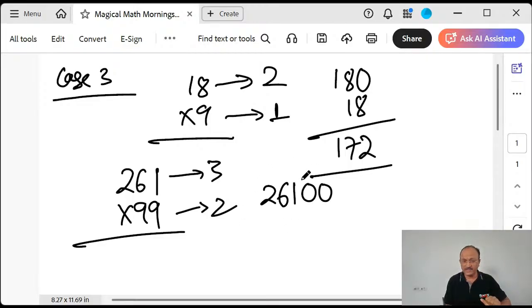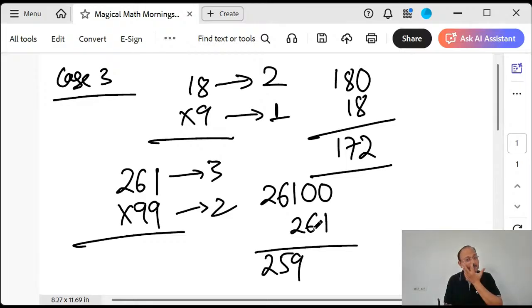And from this, I'm going to subtract 261. 261 minus 2 gives 259, and for the rest we know the subtraction method: all from 9, last from 10. You understood? I'll give you one more example.